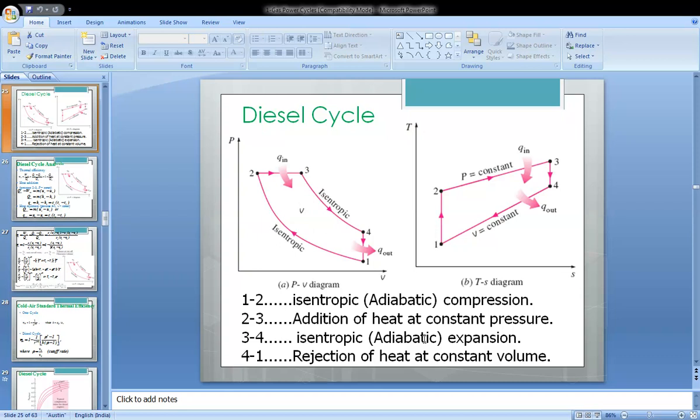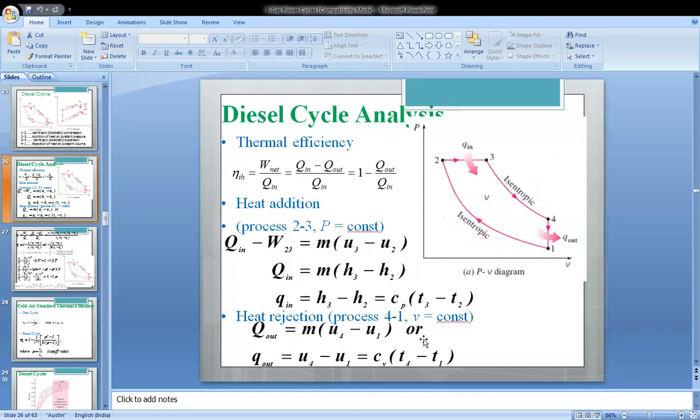1 to 2 is the isentropic compression process. In this process, volume decreases from V1 to V2, and pressure increases from P1 to P2. Heat is added at constant pressure in process 2 to 3, then the expansion process is 3 to 4, and the last one, 4 to 1, is the heat rejection process.